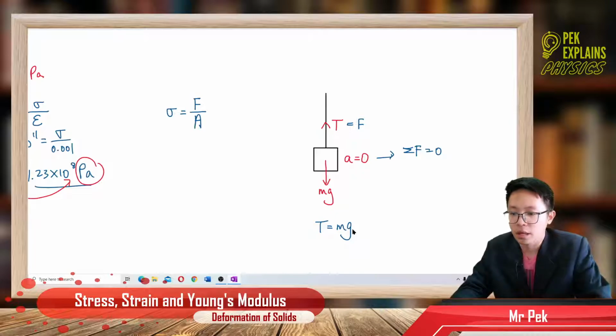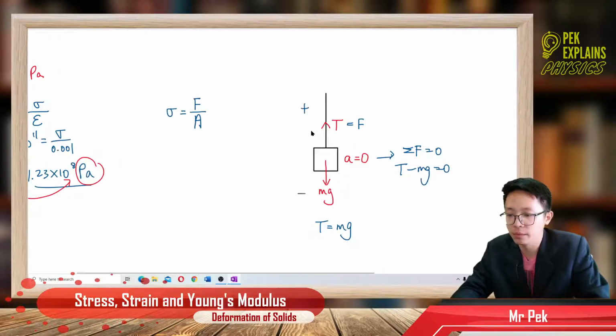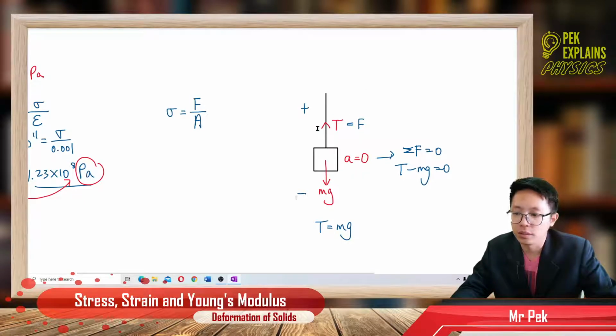That means T minus mg equal to 0. We put going above as positive, going below as negative. So T is positive, mg is negative. Moving mg to the other side, we have T equal to mg. So the tension equal to mg.